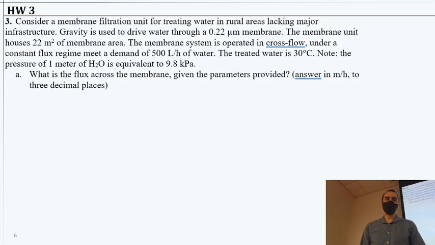The membrane system is operated in cross flow under a constant flux regime in order to meet a demand of 500 liters per hour of water. Treated water is 30 degrees Celsius, and make a note that 1 meter of hydraulic head, a 1 meter water column on top of the system, is equivalent to 9.8 kilopascals.